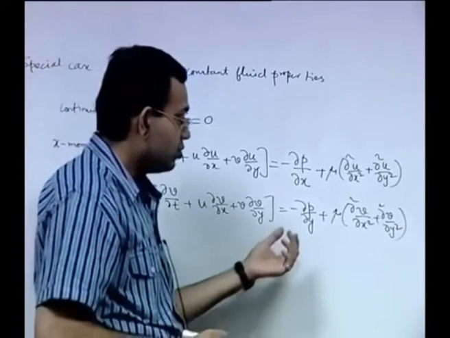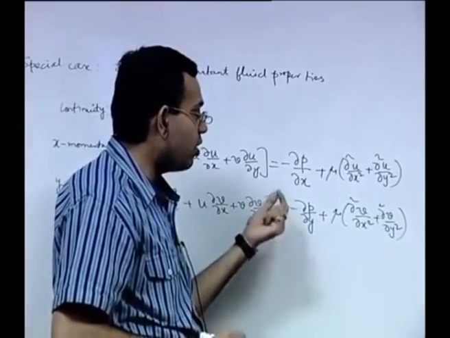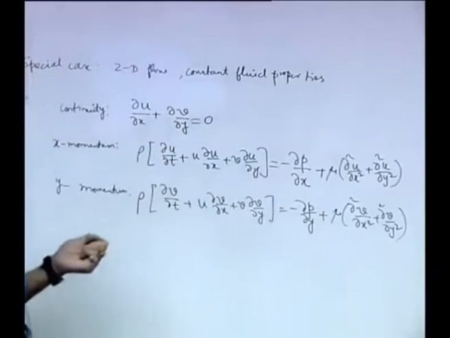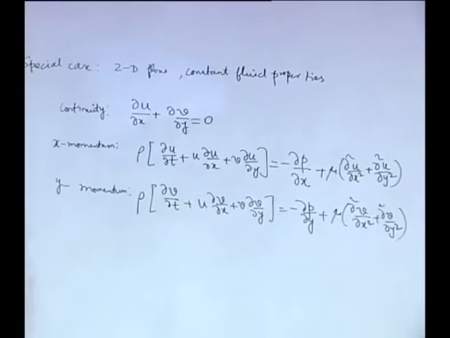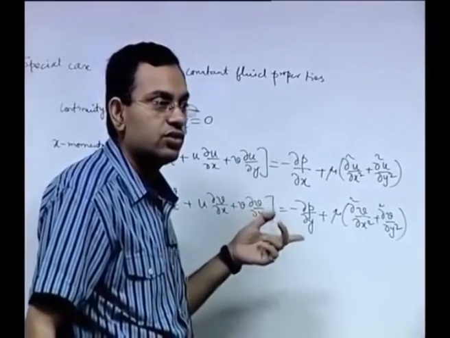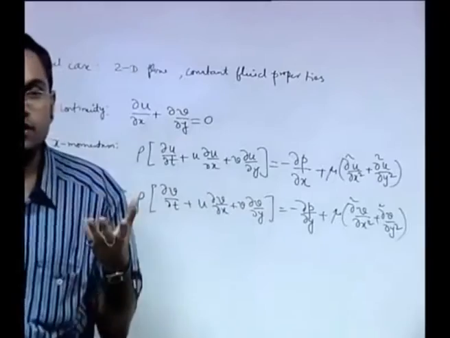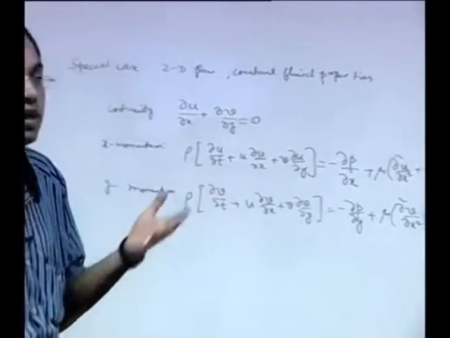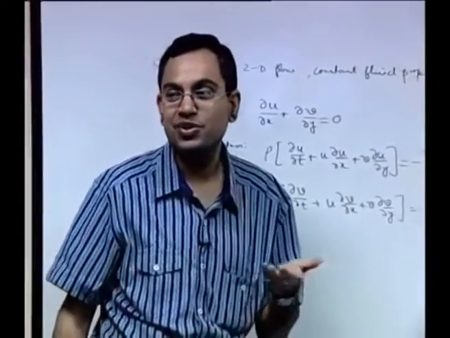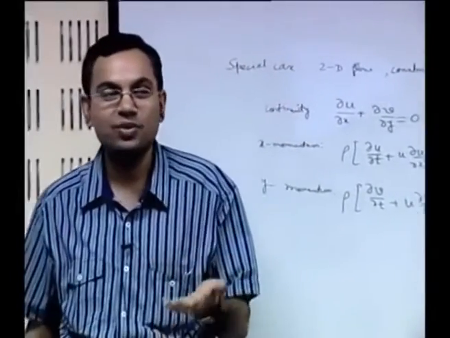Now we can see that the origin of the problem is because of the presence of the pressure gradient. So one of the ways to overcome the problem may be to eliminate the pressure term itself. So it is like you have headache, so to address the problem you cut your head, if you cut your head there will be no headache, right. You will have headache only when you have head.